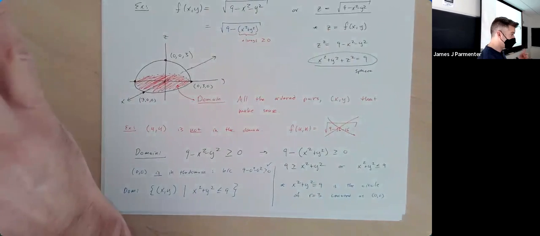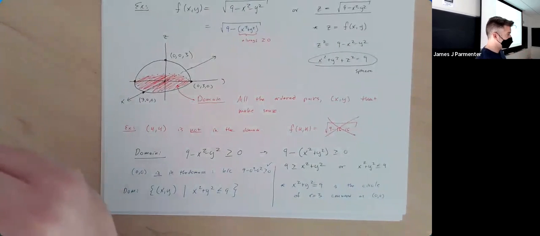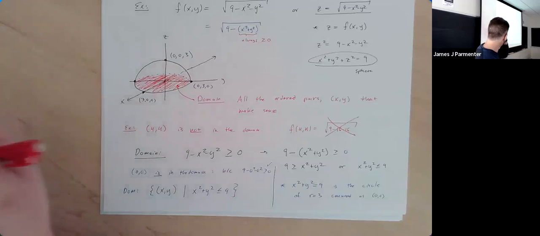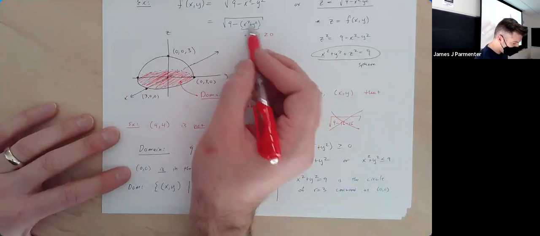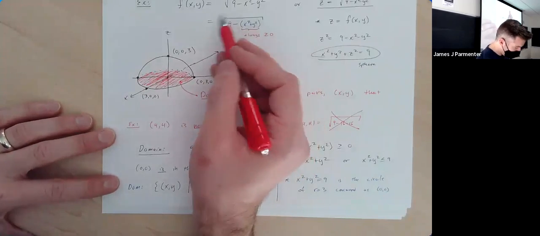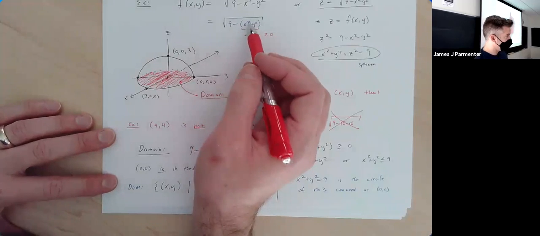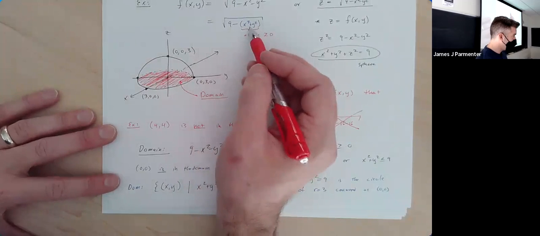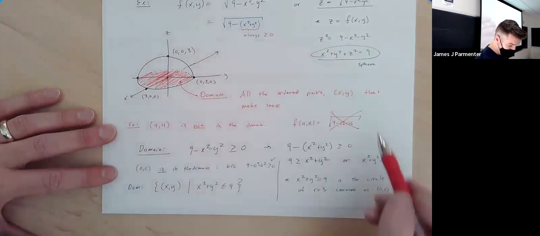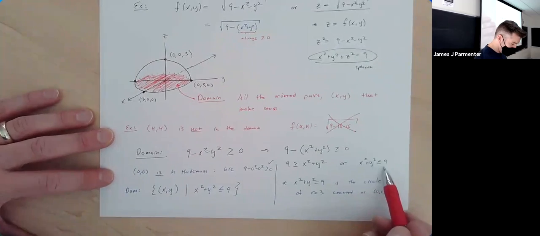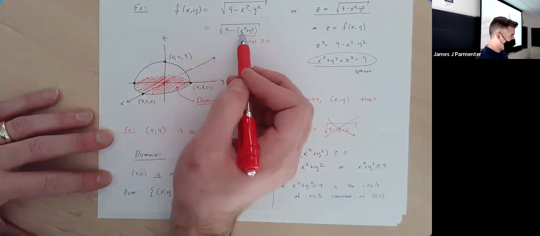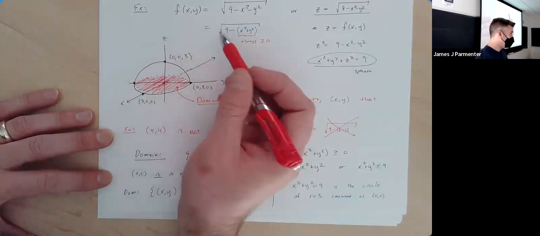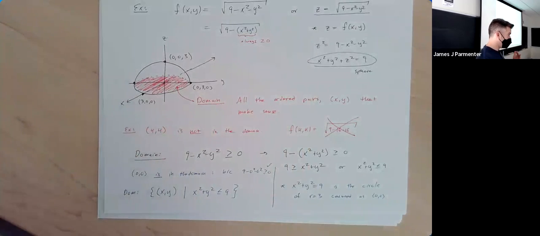Has to be. x squared is non-negative, y squared is non-negative, their sum is non-negative. So the smallest that can be is 0, which means the biggest this whole thing can be is the square root of 9 minus 0, which is 3. And then the biggest x squared plus y squared can be, if we think about the domain, is 9. So then the smallest this can be is the square root of 9 minus 9, which is the square root of 0, which is 0. And that's why we're getting 0 to 3 as our range.